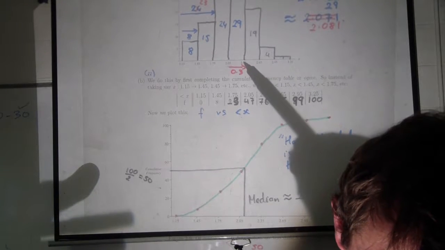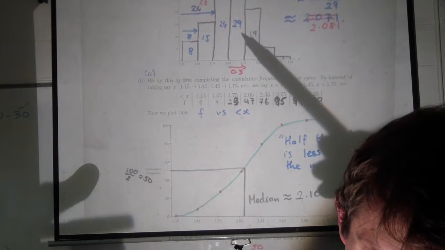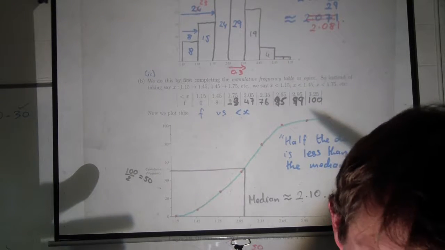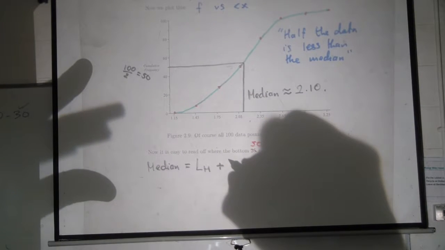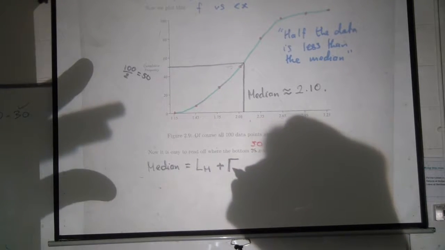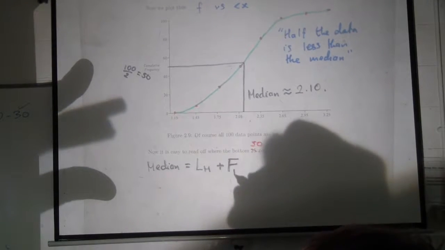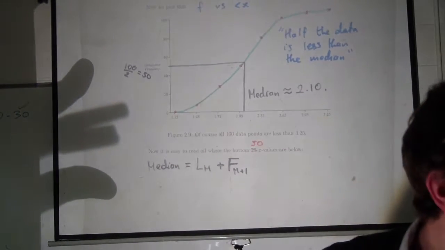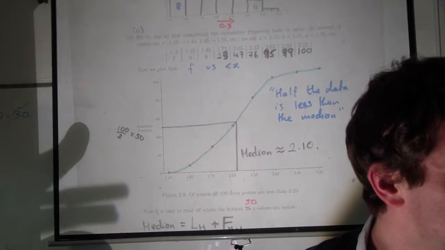So if we went the whole way up to 2.35, you'd have 76 of them. We didn't want all that. So this would be called probably something like big F, standing for cumulative frequency. That's for the, so that's on the next one. So that would be like your 76.